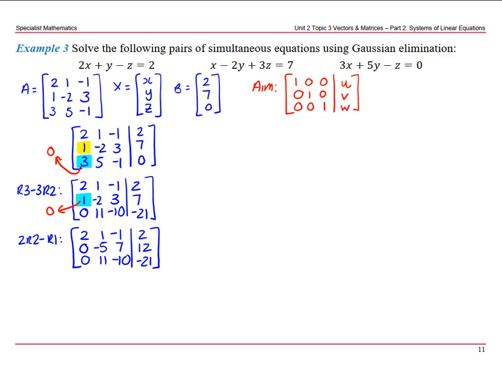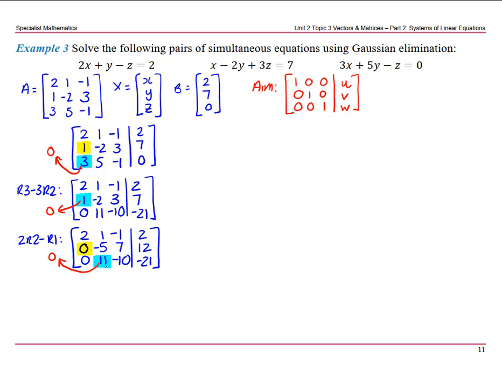Now I have the two zeros, I can now work on this 11 to make it 0. I can only use row 2 because it has 0 in the first element there.